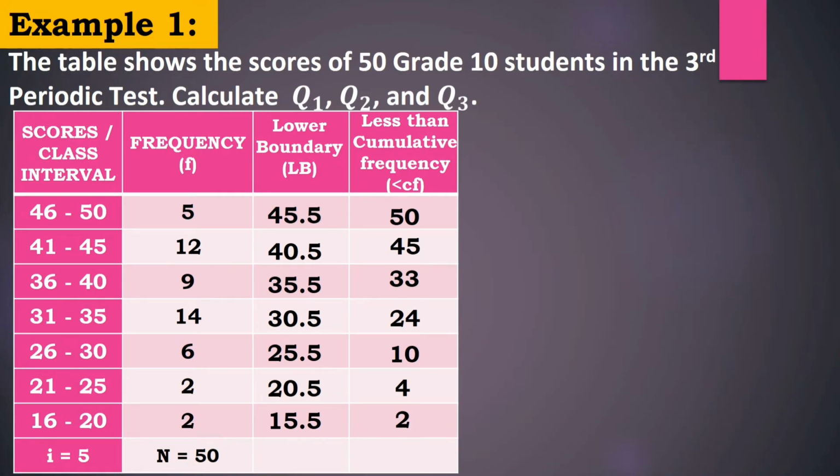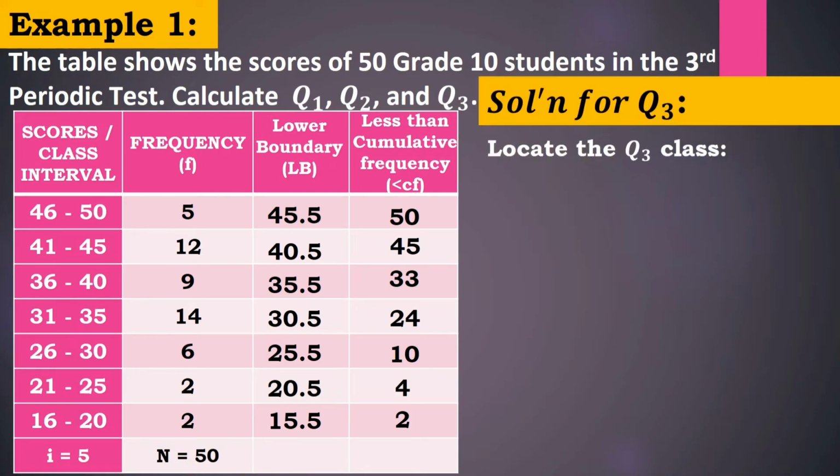For Q sub 3, let's locate the Q sub 3 class. So, again, Kn over 4, where K is 3 kasi Q sub 3, 3 times N is 50, the total frequency, over 4. So, 3 times 50 divided by 4 is 37.5.